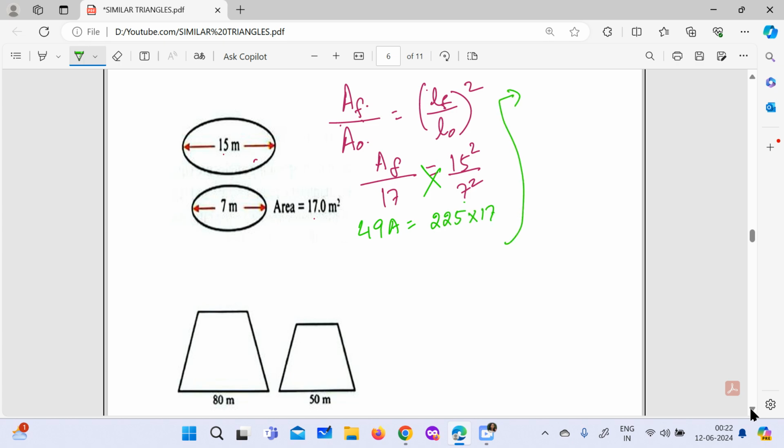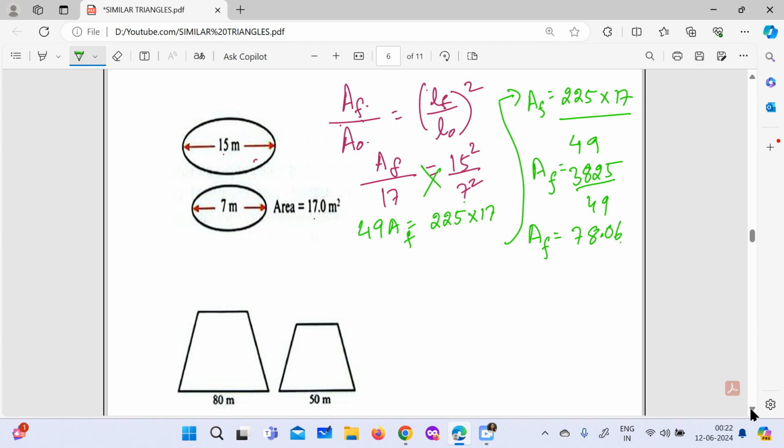And the next step will be area equals 225 times 17 over 49. And then again put everything in the calculator, and here you will get 3825 over 49, which is equal to 78.06.